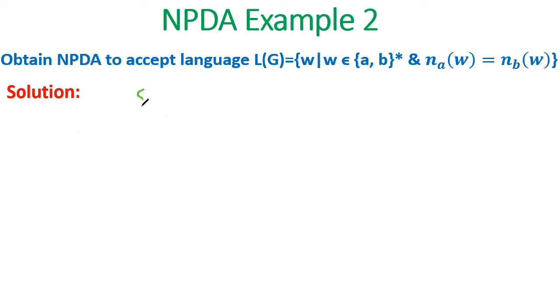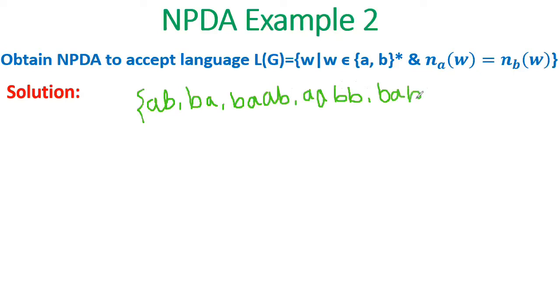We can say AB, BA, then we can consider BA, AB, and AA, BB, BA, BA, and so on, right?